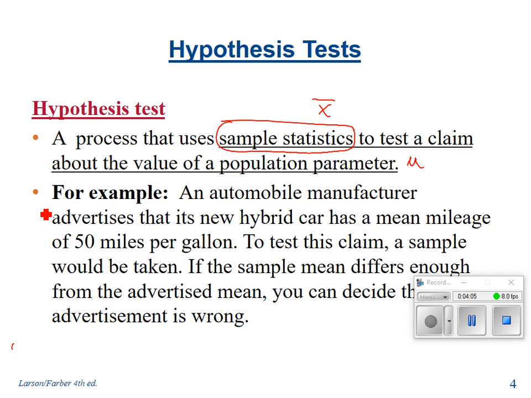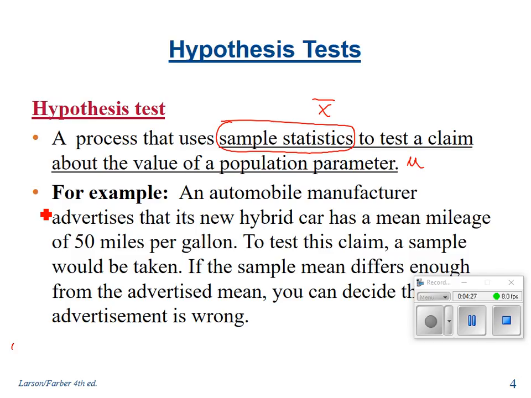Don't bother with writing down the example here, but this is just to help you out. For example, an automobile manufacturer advertises that its new hybrid car has a mean mileage of 50 miles per gallon. To test this claim, first of all, are we going to be able to take every one of their cars and drive them for thousands of miles and do the whole population? No, it doesn't make sense.